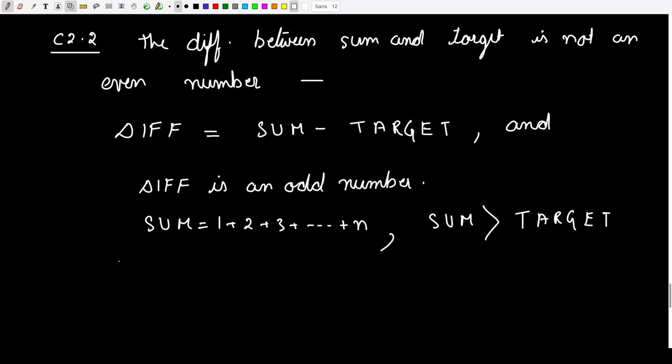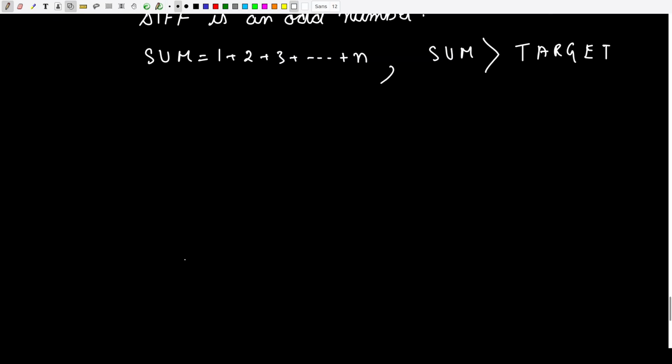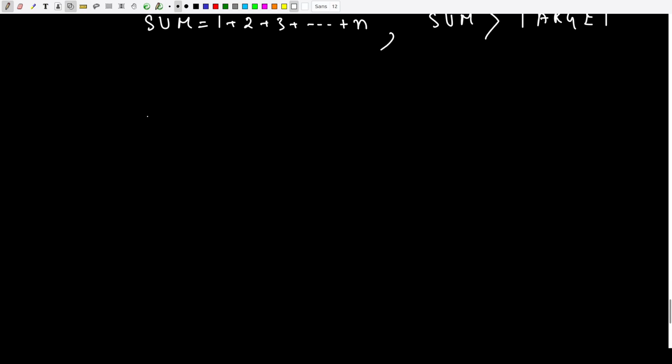Now let us see whether by flipping some numbers it is possible for me to achieve the target in this particular case. So let us say our sequence was this. So 1, 2, 3, 4, some number x, and then n. And let us say we flip this number, right?